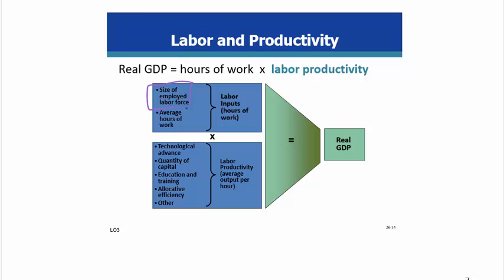The size of our workforce, we'll put an asterisk next to that, maybe. But if we can work more, so if there are more labor hours, more man hours, you might read, if we can work more and work more efficiently, more productively, we're going to end up with a higher real GDP. So labor productivity is going to be really important in how we can increase our GDP and lead to economic growth.